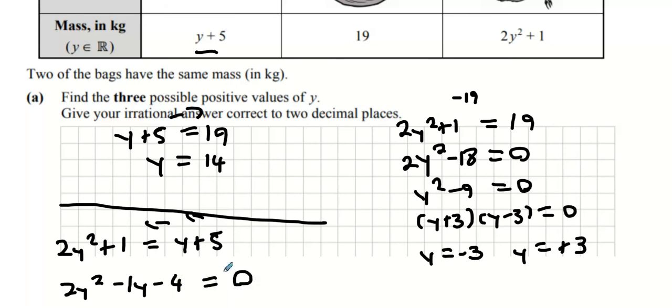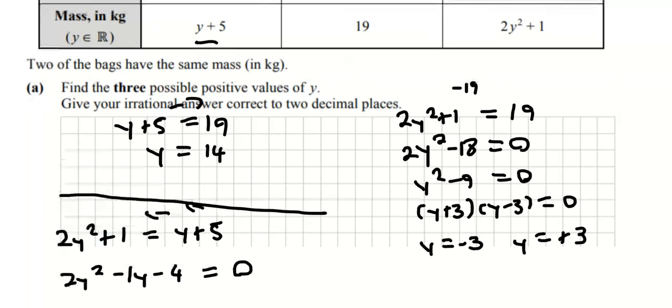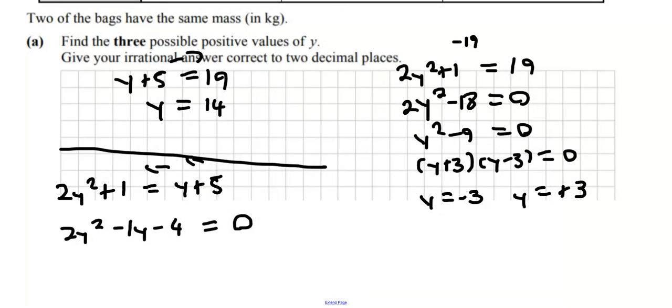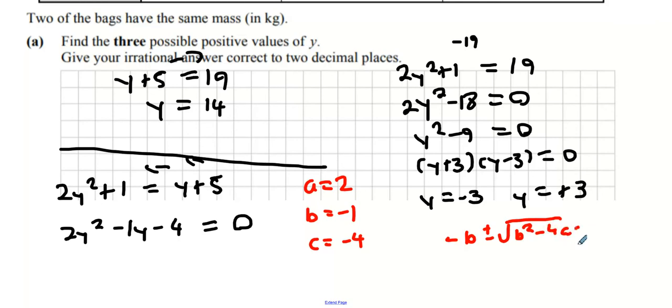This answer is going to require the minus b formula, where a equals 2, b equals minus 1, c equals minus 4, and you get minus b plus or minus the square root of b squared minus 4ac all over 2a.